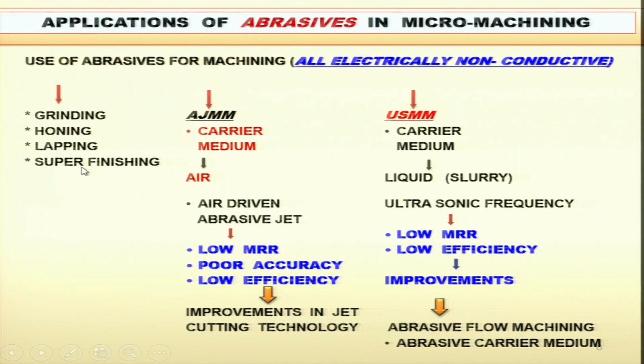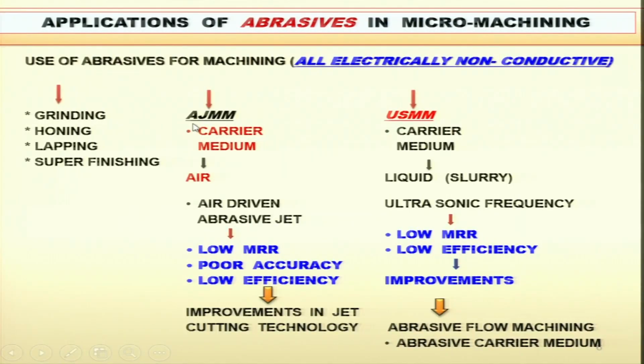These are known as traditional machining finishing processes. Then there are advanced or non-traditional machining finishing processes like abrasive jet micromachining, where the carrier medium is air and you have very fine abrasive particles, and these abrasive particles are air driven.